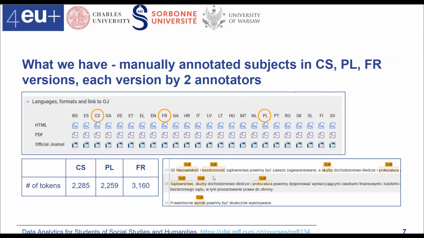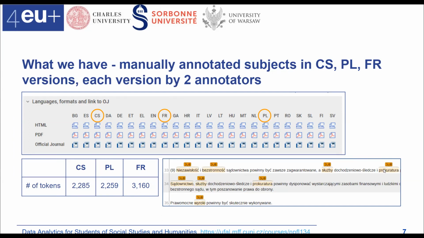Yeah, so the answer is that you mark every subject in the sentence. Here I have an example from the Polish version. So you can see, for example, this sentence number 33. Yeah, so there are four subjects, so subjects in each clause of the sentence.